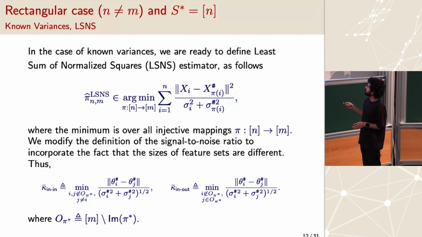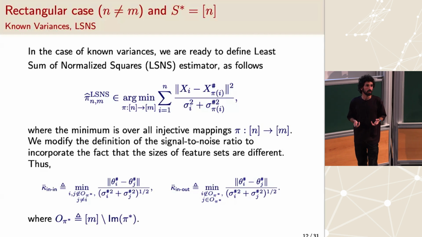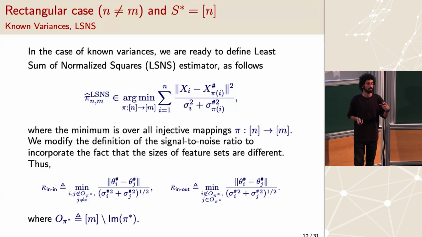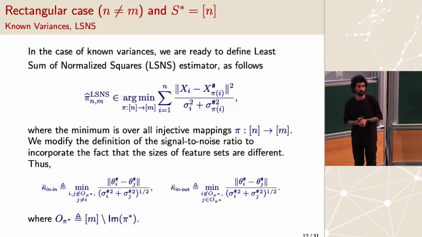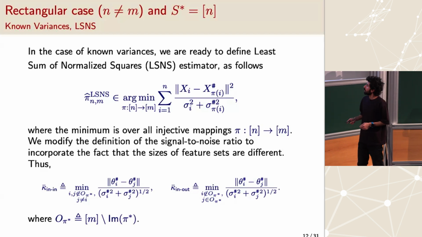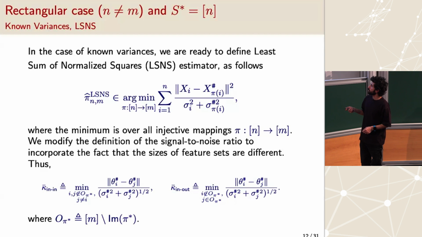However, we will not impose any kind of condition on the distance between two outliers. If there are two outliers in the same set and they are very close to each other, we don't care that much. So now we will have two separation distances: one between inliers and one between inliers and outliers.